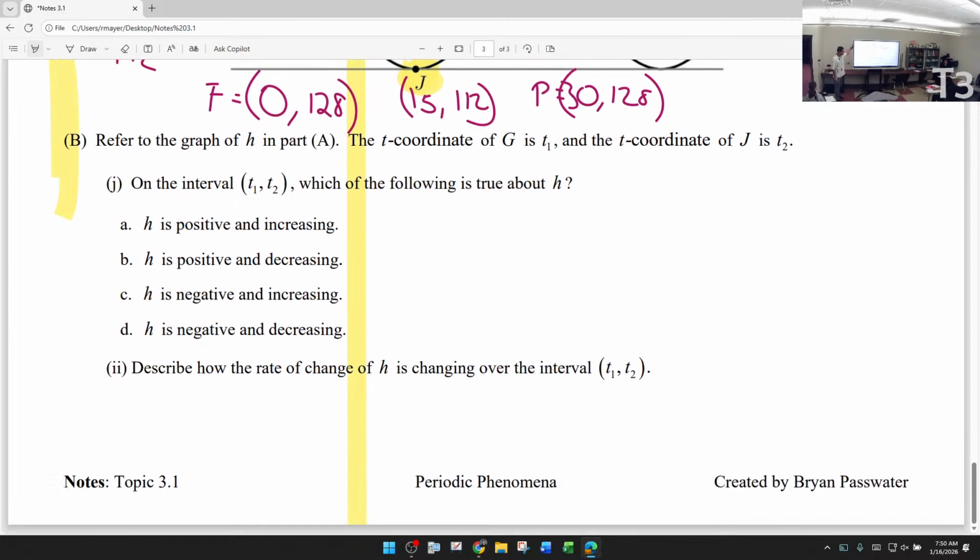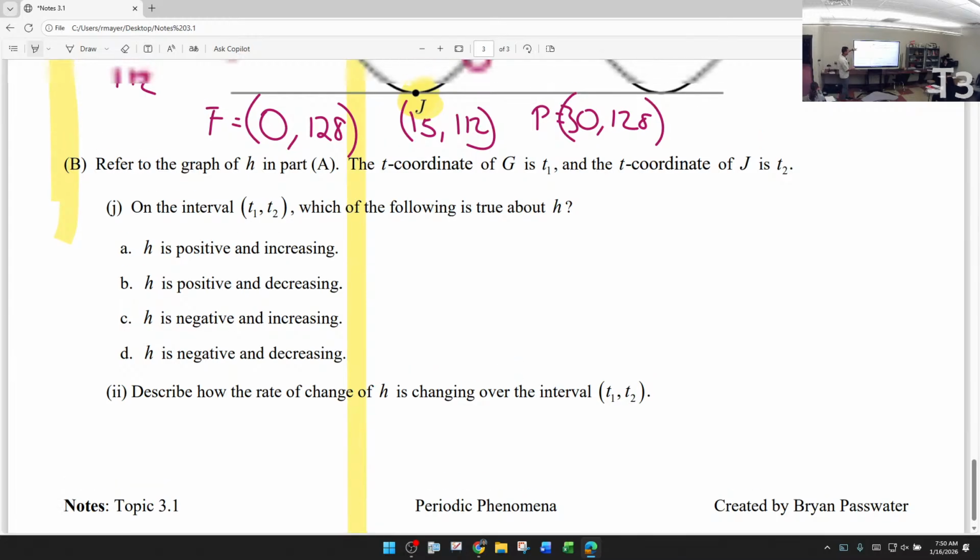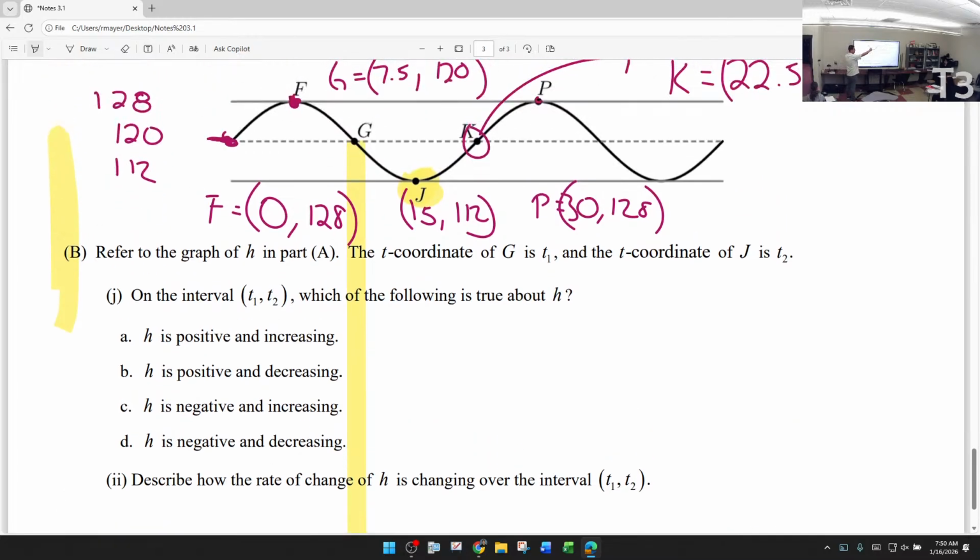Describe how the rate of change is changing over the interval from T1 to T2. The rate, that's the slope. So it's concave up. So it's negative and increasing. The rate of change from here to here, at first, it's like this, right?